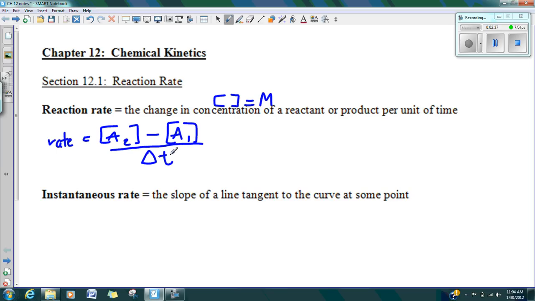Our product is obviously a result of what our reactant is. If our reactant is decreasing, being consumed as the reaction goes along, then they always throw this negative sign out in front, showing that it's decreasing, that is, the change in our reactant over the change in time.